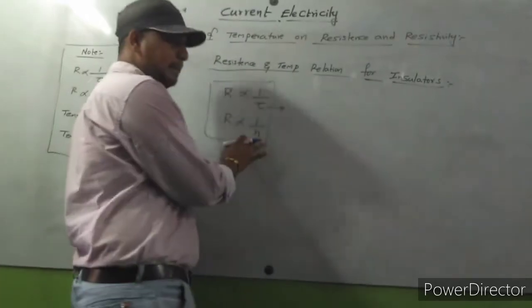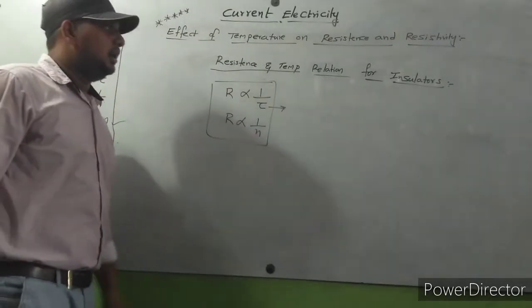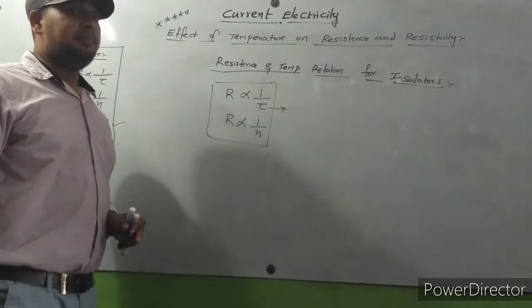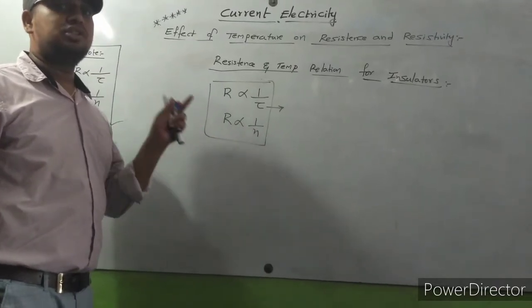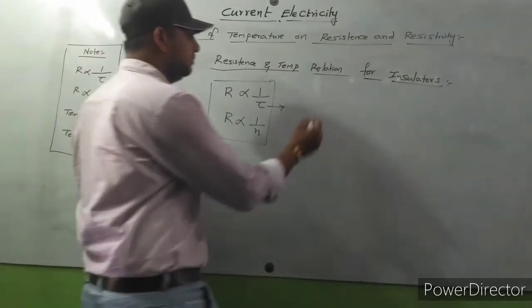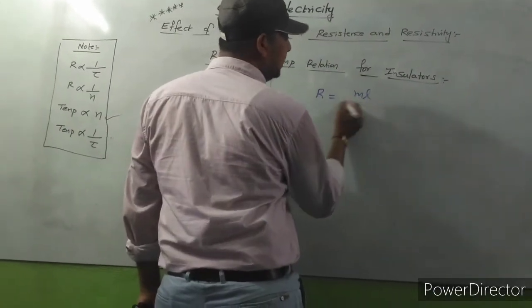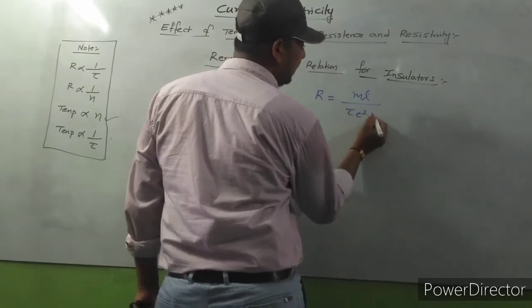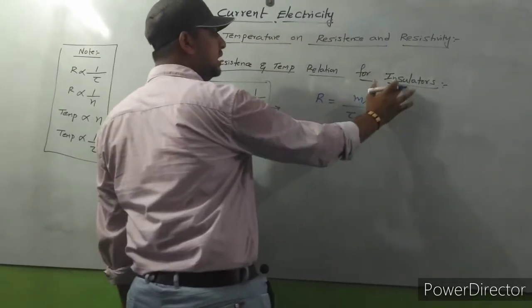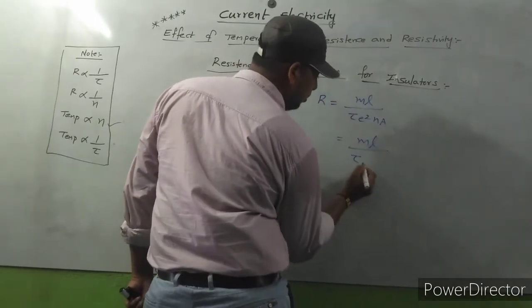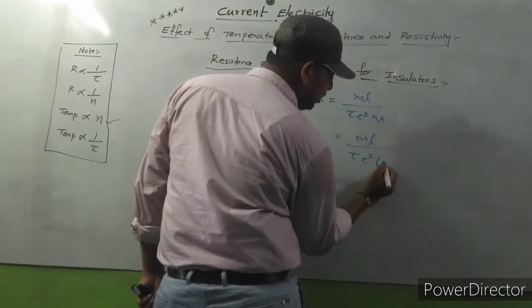In insulators, the number of freely movable electrons is 0. That means the resistance value is almost infinity. Observe carefully: resistance R is equal to m l by tau E square N a.